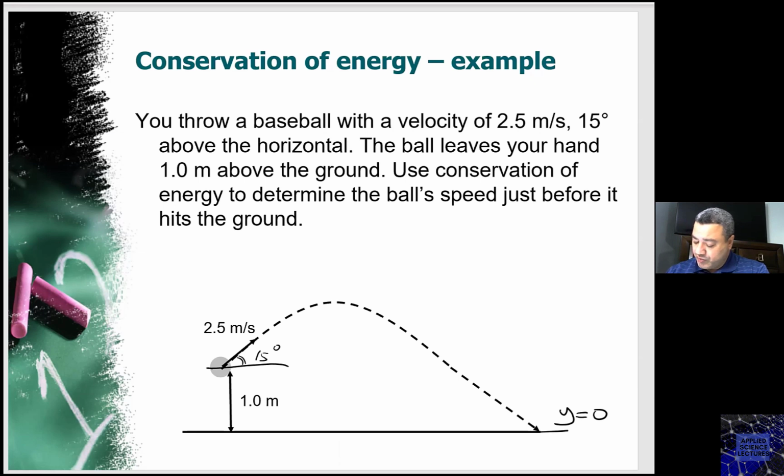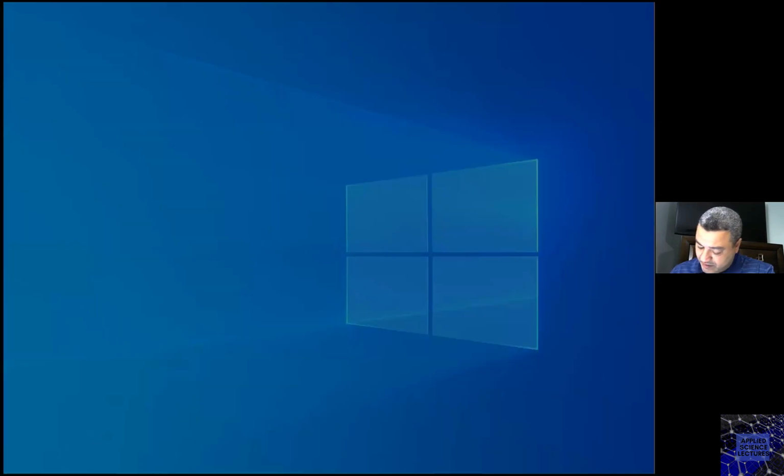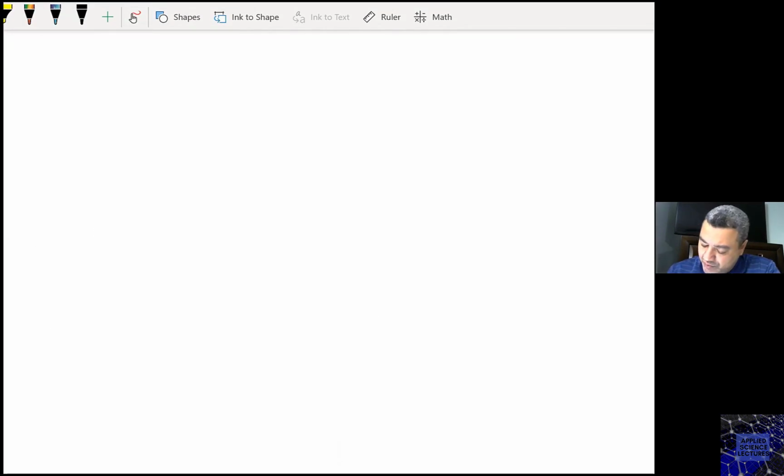So what do I know? I know the velocity. I know the height of the ball. And I know my reference here. So if I am to calculate this, this is the ball.